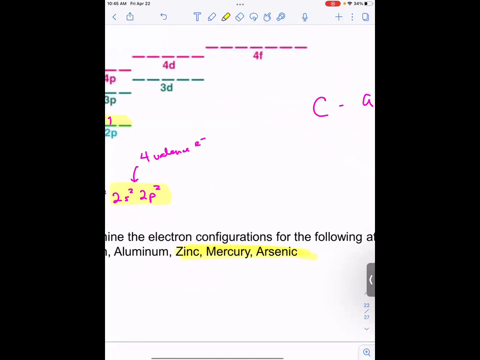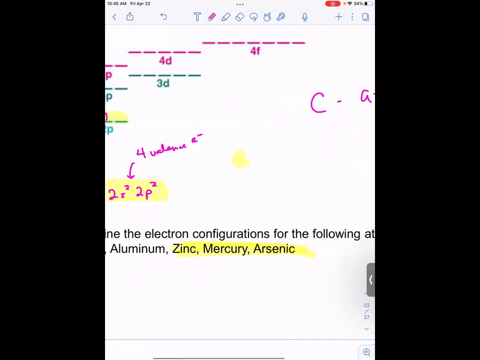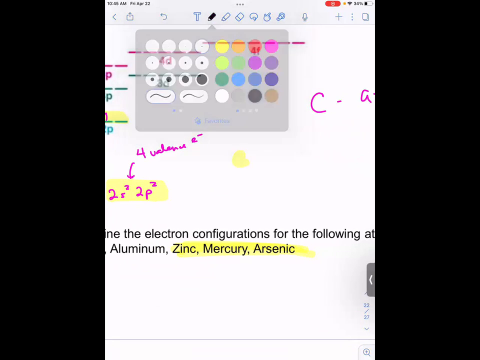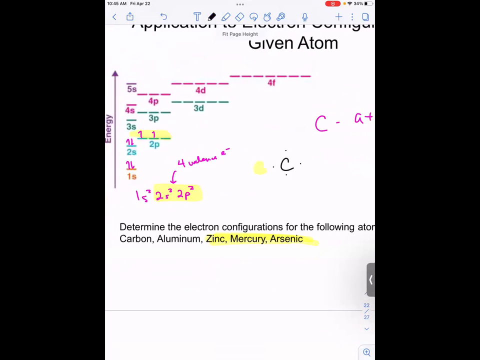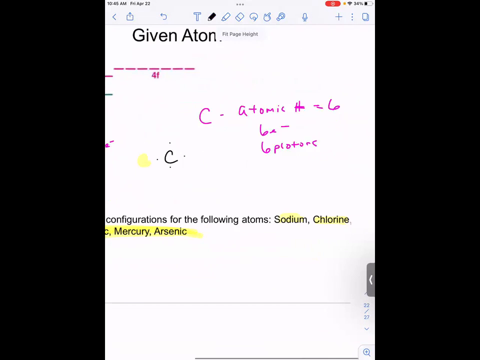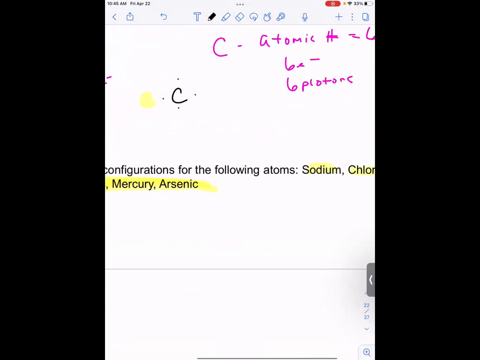So we have a carbon, right? It's got 4 electrons around it. If it is neutral, it's going to make 4 bonds, using the most basic substance, methane. It'll make 4 bonds like that.